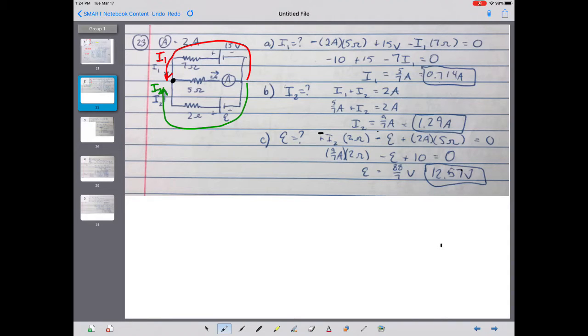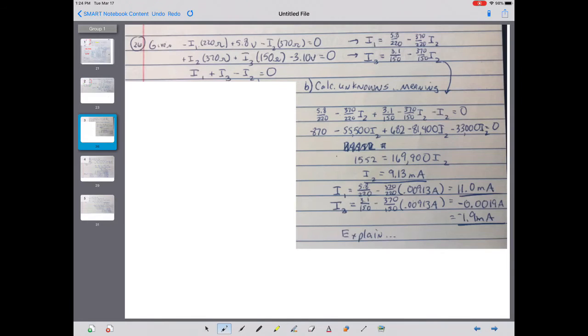And then when I get to the EMF of the battery, I'm going from low to high, so that would be a positive. And then when I get to the 2 ohm resistor, I'm in the direction of the current, so that would be a negative. So I changed the signs there to reflect going in a clockwise direction, but either equation is equivalent. And then do the algebra to solve for the missing EMF.